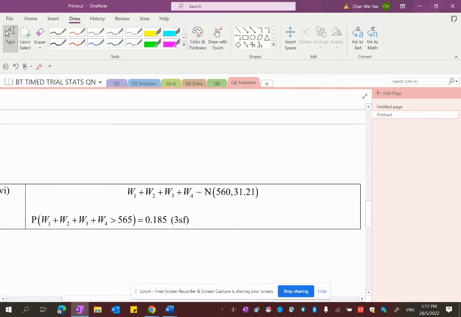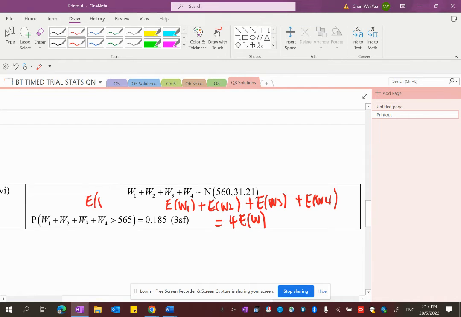So I need a new distribution, which is W1 plus W2 plus W3 plus W4. Okay, and you can find the mean by taking E(W1) plus E(W2) plus E(W3) plus E(W4). Okay, so this is the same as 4E(W). That is the mean of W1 plus W2 plus W3 plus W4.